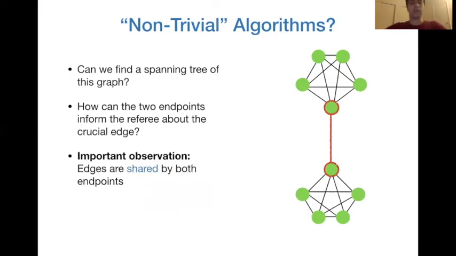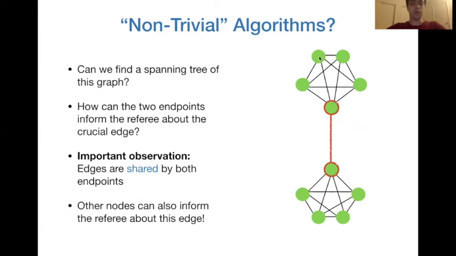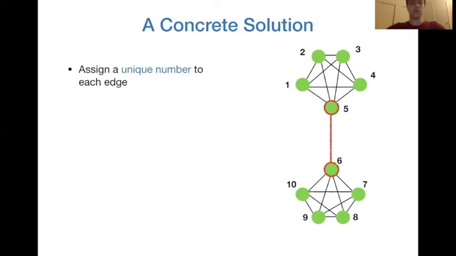And now this is where the interesting things in this model happen, is that the processors are sharing edges. So some vertex here, by talking about this edge, can indirectly inform the referee about this edge as well. So to make this concrete, let me show you a concrete solution to this problem. Let's look at the IDs of vertices, and this partitioning, suppose it's known to the referee, but not to the players.